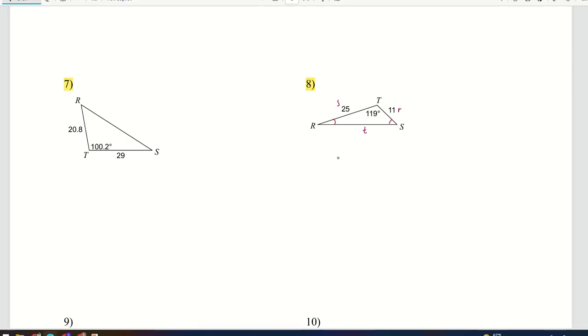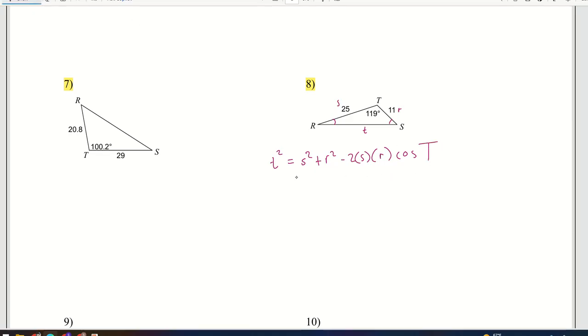So for this one, I'm not going to write it down, but we are going to get t squared equals s squared plus r squared minus 2 times s times r times cosine of big T. I guess that should be a capital T. The law of cosines uses A, B, and C, but you could replace them.